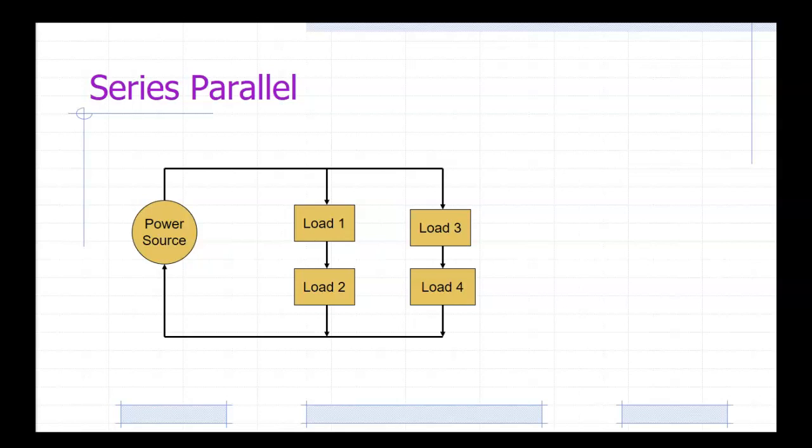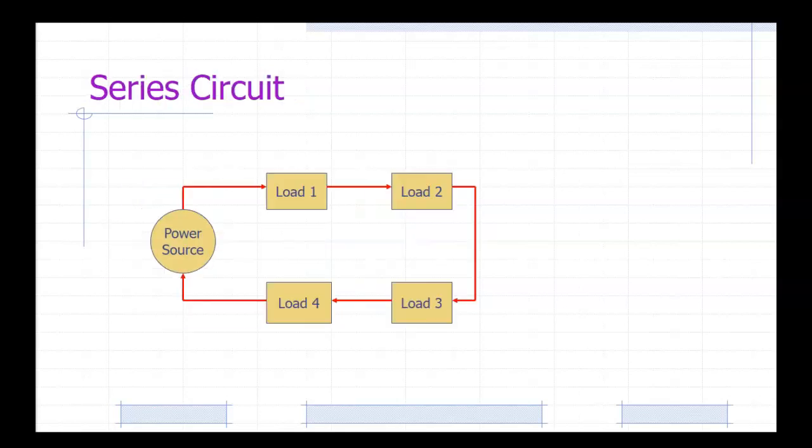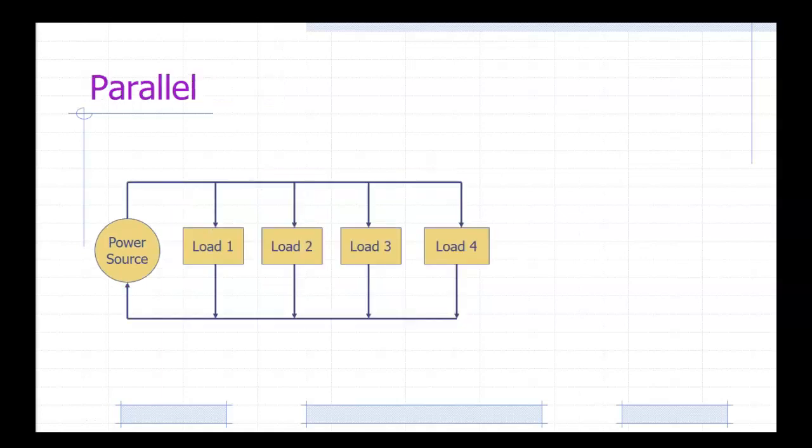Let me go back one. So in a series circuit, the bad thing, as we talked about, is Load 1 goes down, it takes everybody with it. Okay, Load 1 goes out, your circuit's done. In parallel, it's not so bad if one load goes out. What is bad is what? Those of you that have taken intro or DC with me.